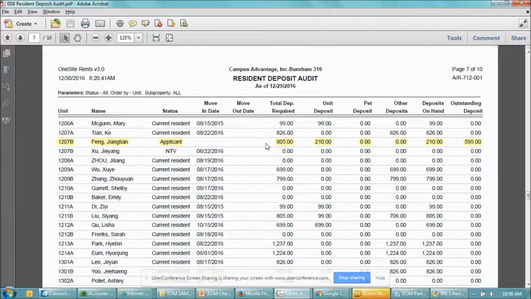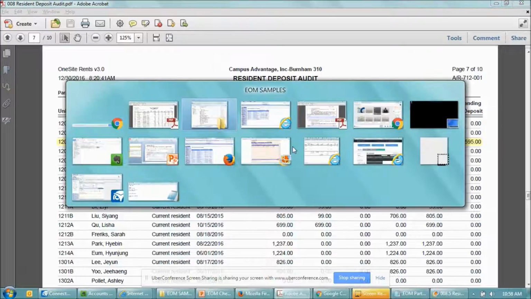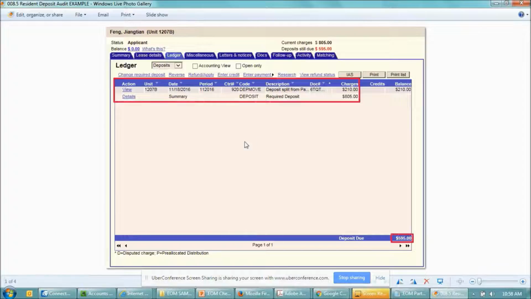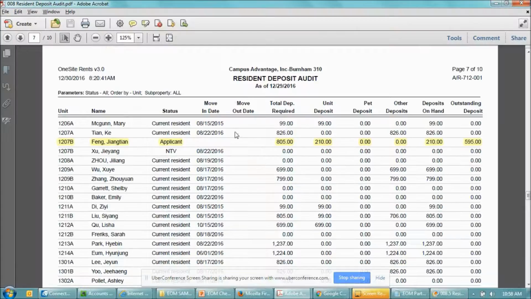So for this particular person, I wanted to use him as an example. He had an $805 required deposit on his ledger, which looks like this. So here's $805 for his deposit that has been booked on his deposit ledger.